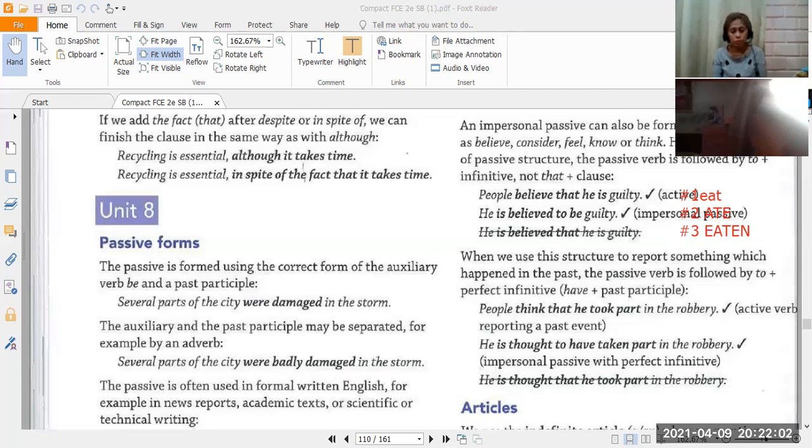I have been tired for weeks. Which sentence is passive? Right, the first one. Why? Because I have the be and the past participle.